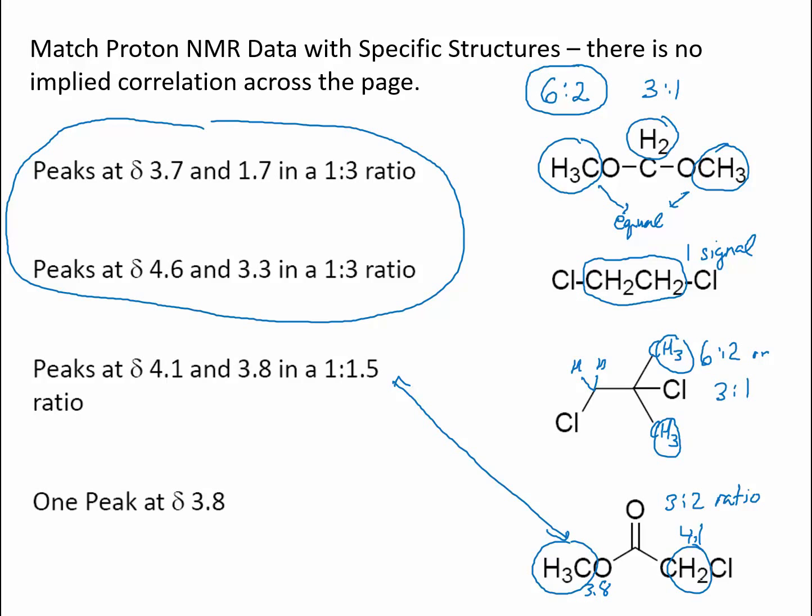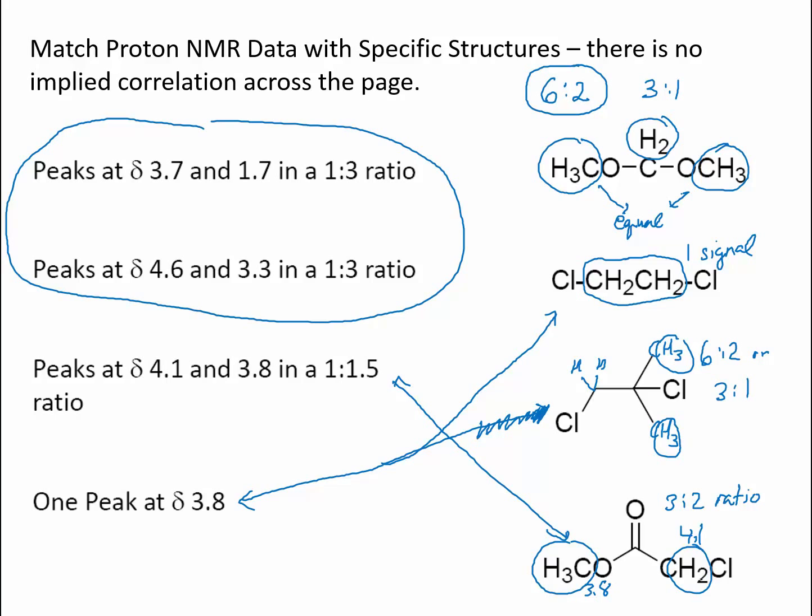This one has only one peak, therefore it has to be that one. Oops, sorry, I wish I had a go back feature. It has to be that one, right? Okay, so that's that one.